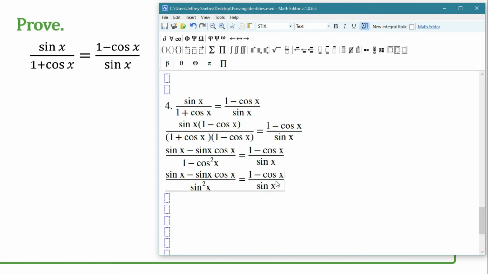Okay? So medyo may nakikita na tayong light kasi both denominators now of the left hand side and the right hand side are equal or are almost equal. Okay? And then may nakikita na rin tayo dito that in the numerator there is a common factor which is sine, and dun sa denominator may sine din siya.